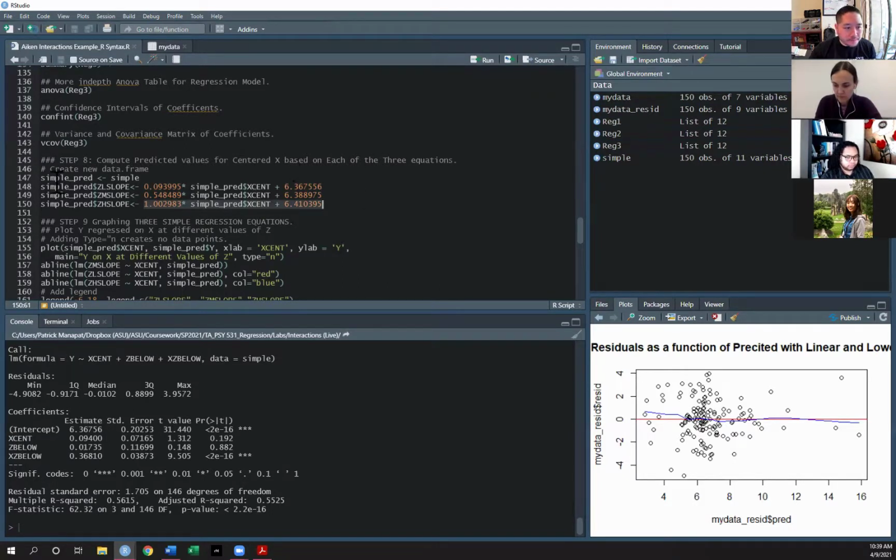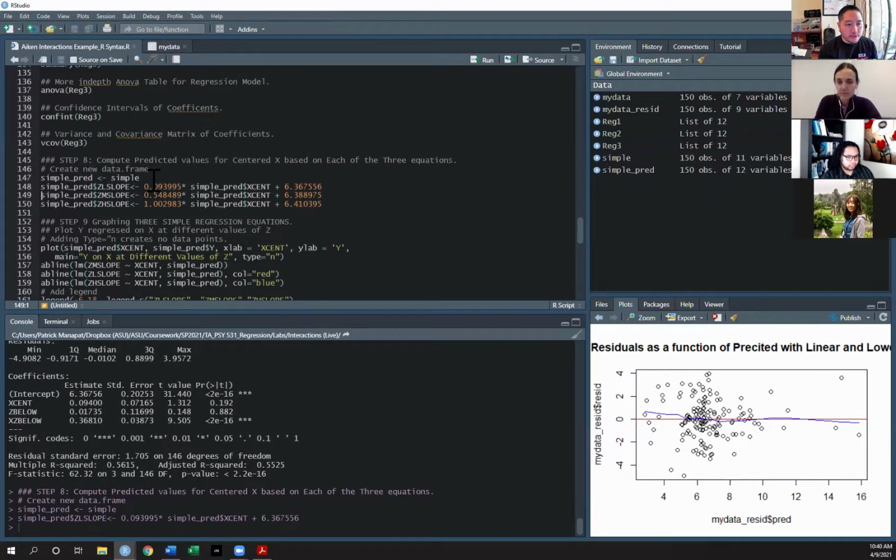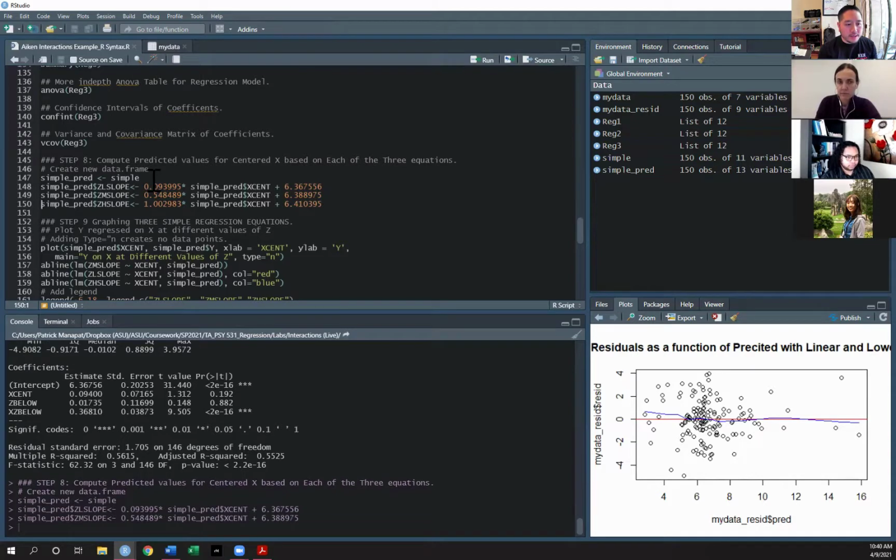So I'm going to create a new object called simple_pred, using the simple data set as a base. Then I'll create ZL slope, Z low, Z at the mean, and then Z high.